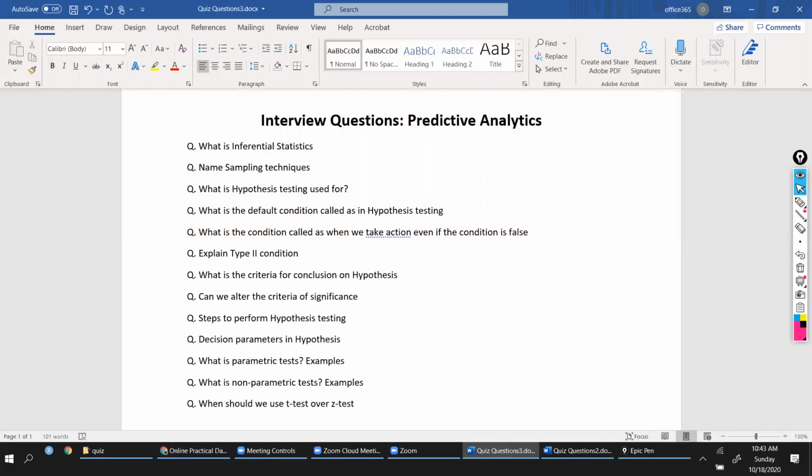When the population standard deviation, which is sigma, is not known, then we go with t-test. If we know the population standard deviation, then we go with the standard normal statistic, z-test.